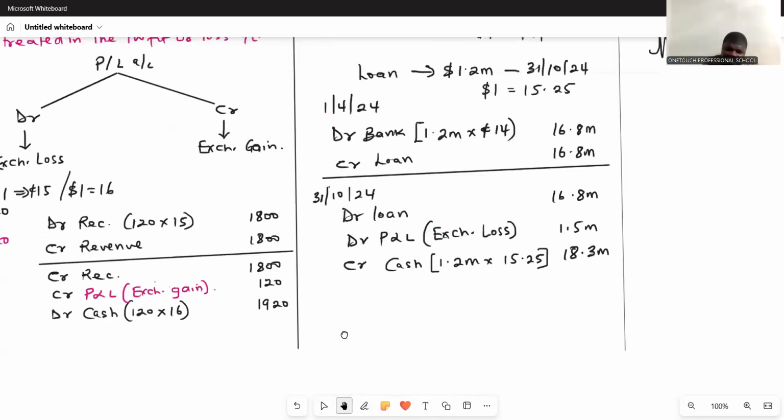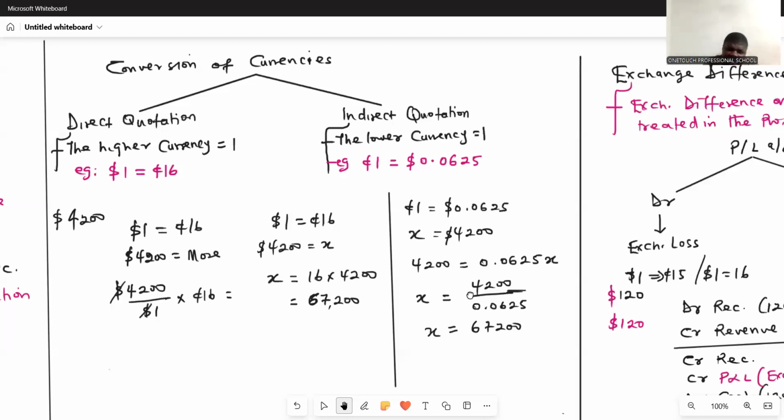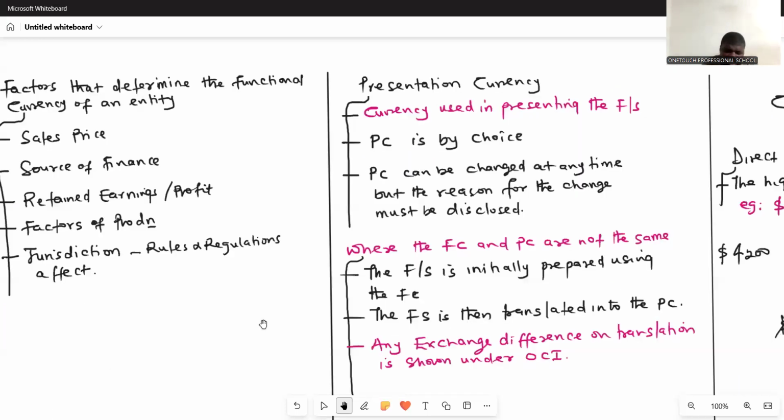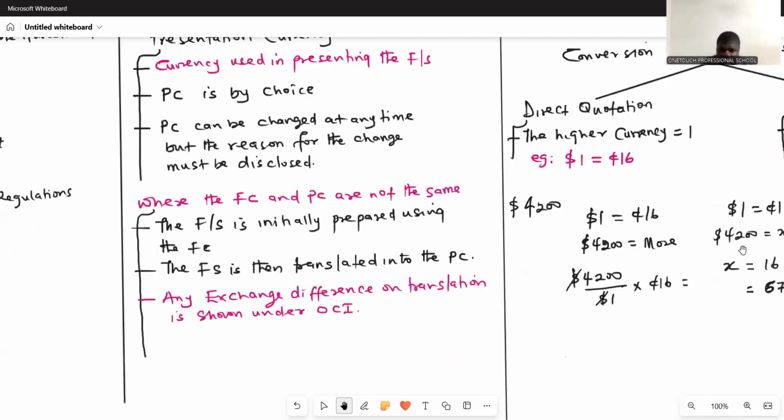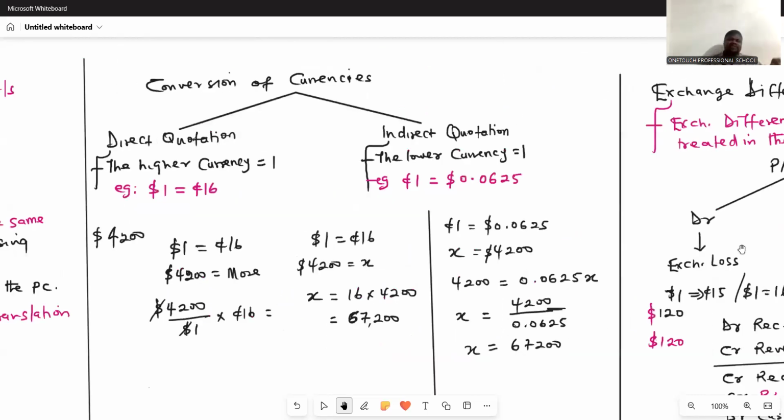I've already looked at that. That's why I skipped here. We said when you translate the financial statement, any exchange gain or loss will go through the OCI. Oh, okay, I've seen it. Thank you. And that one, unless we have a financial statement that we want to translate.